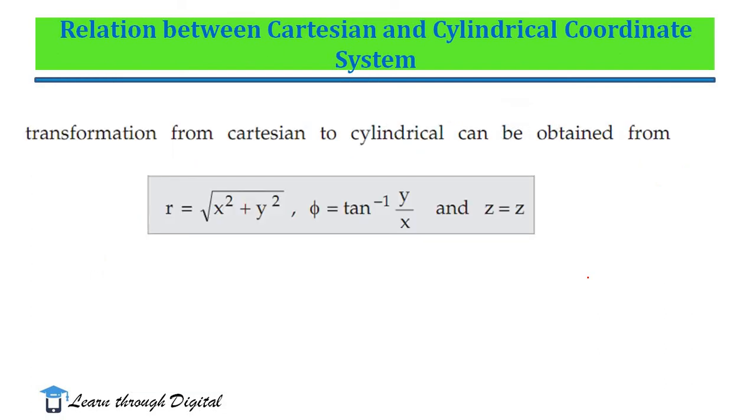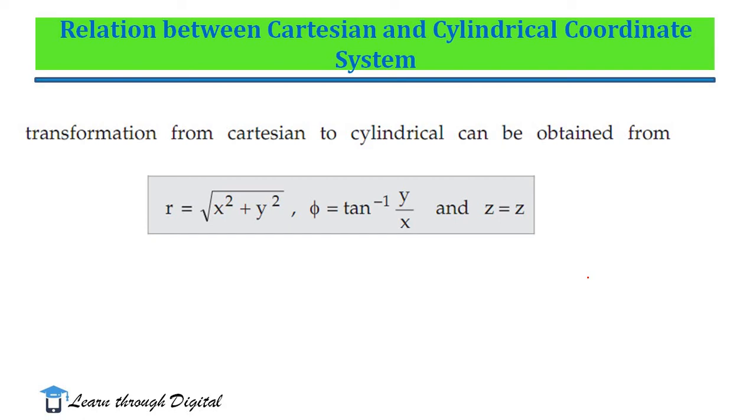The transformation from Cartesian to cylindrical can be obtained from the equations: r is equal to root of x square plus y square, phi is equal to tan inverse y by x, and z is equal to z. Using these equations, note that r is positive or 0. Hence the positive sign of the square root must be considered.